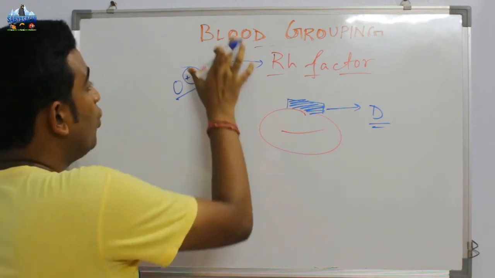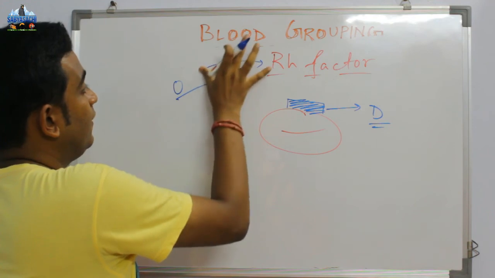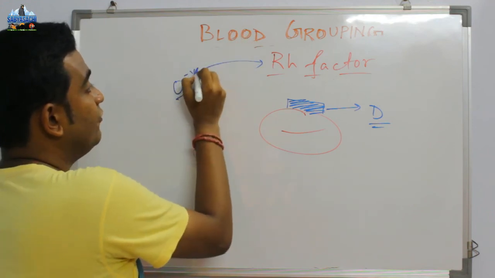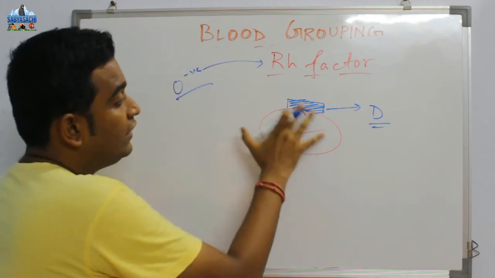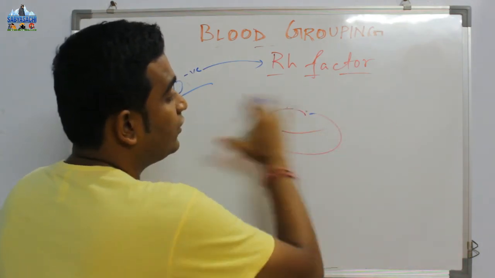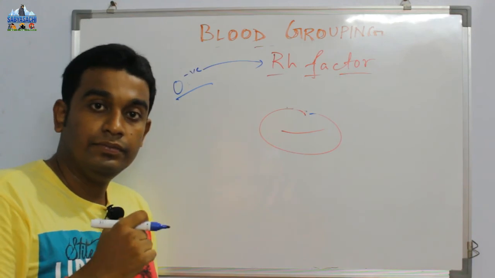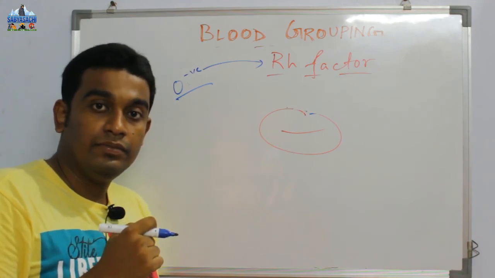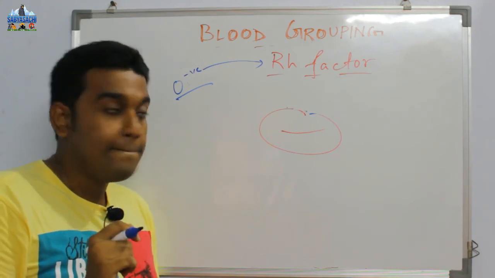Now if it is O negative, if you write O negative, that means what? You will not have the D antigen on the surface. Did you get that?